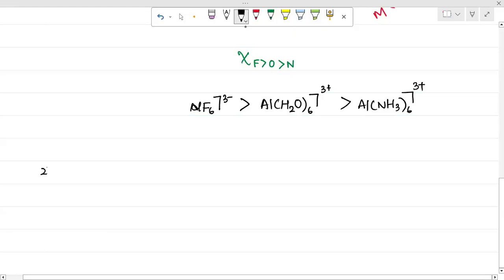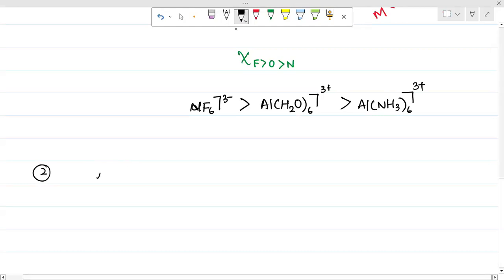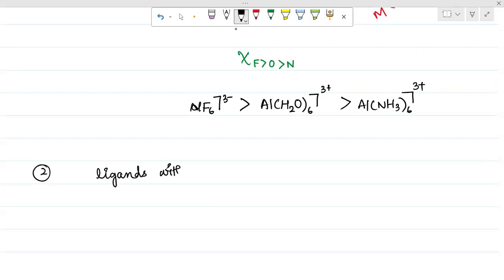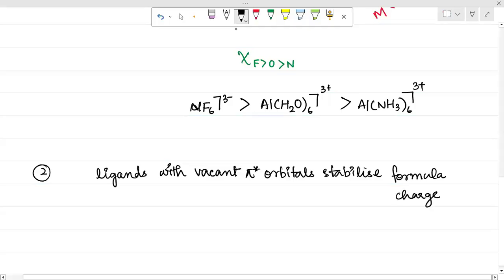Second point is ligands with vacant pi star orbitals stabilize the formal charge. You will be learning about this deeper with all the diagrams and all.